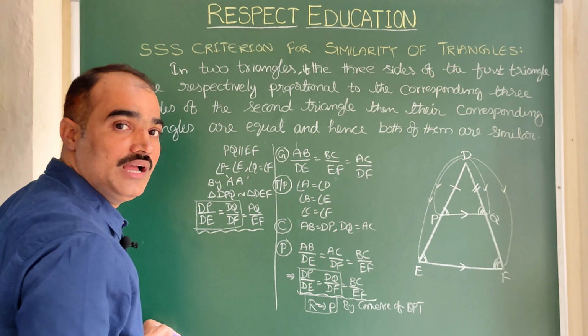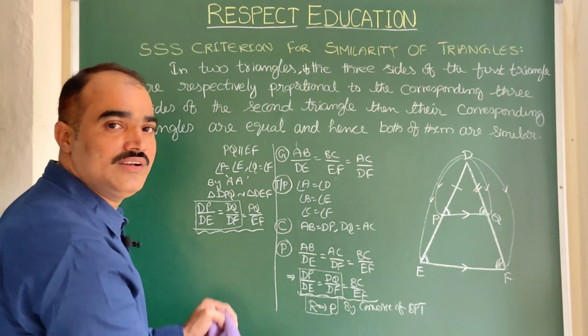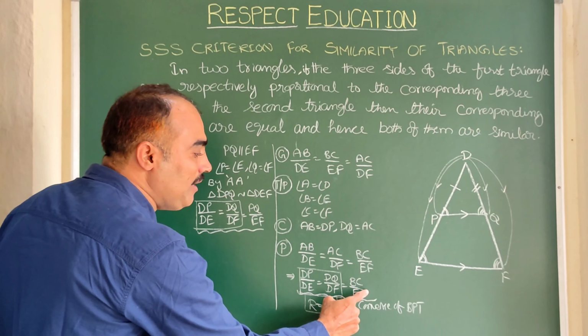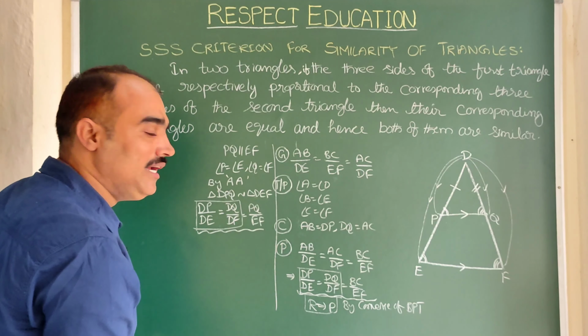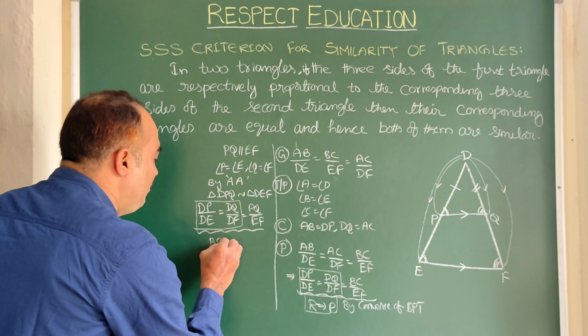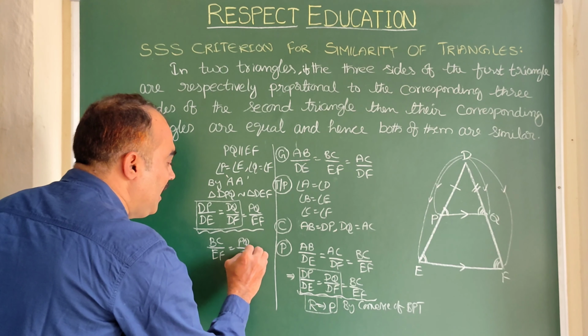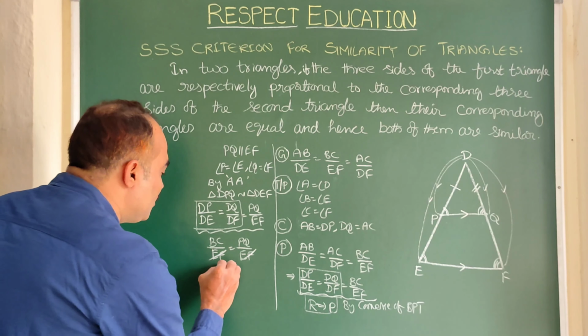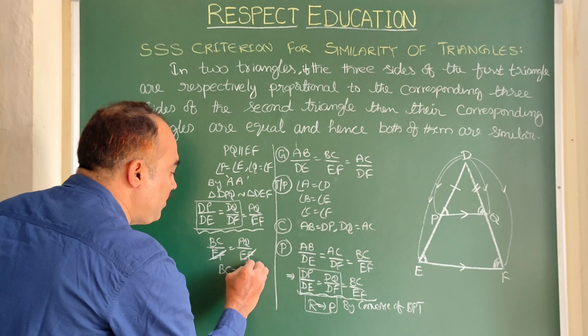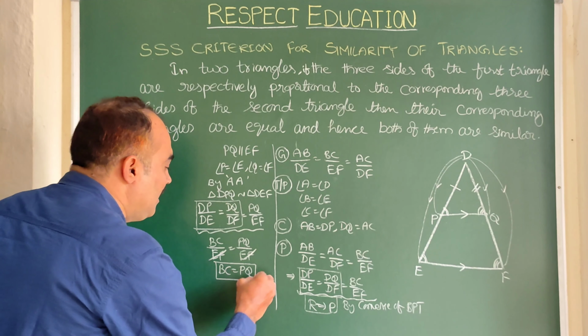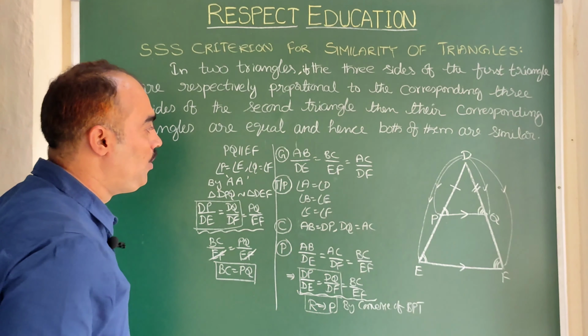Since those parts are equal, definitely BC by EF is equal to PQ by EF. Let us cancel EF and EF. So here we get BC is equal to PQ. Let us highlight this point. And earlier we got AB is equal to DP and also AC is equal to DQ.